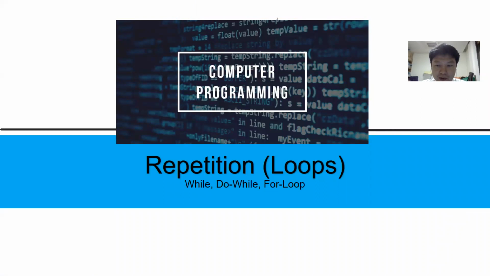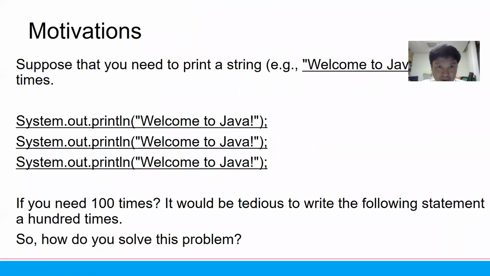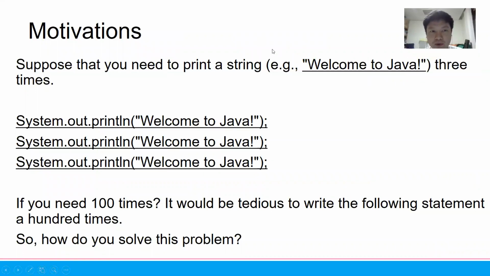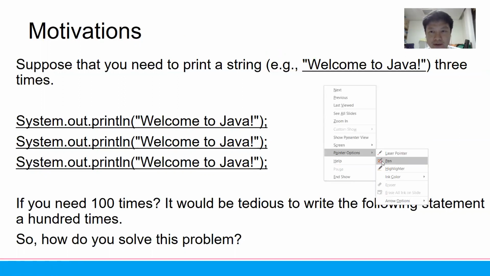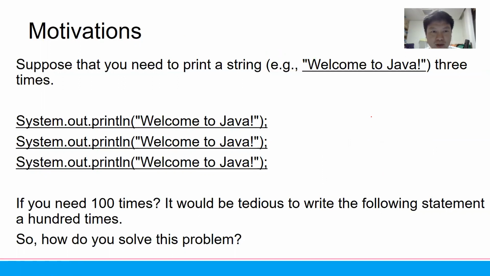So we are going to start with repetitions. What is repetition? Let's suppose you want to print a string. Then you will do it with System.out.println("Welcome to Java"). If you want to print it 3 times, then you will have 3 lines, the first one, this one, and this one.